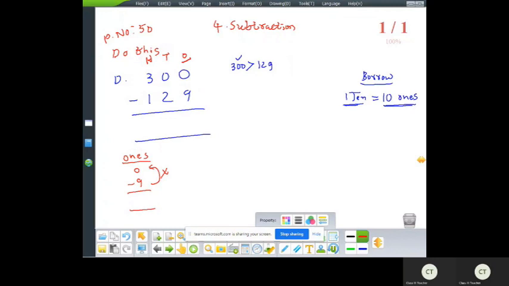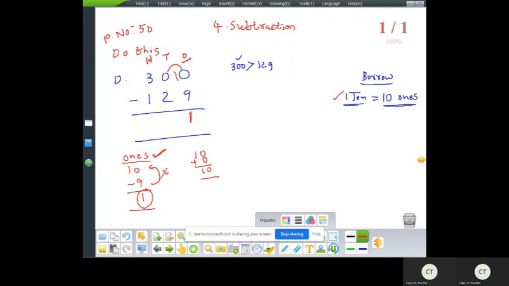Borrow means 1 ten is equal to 10 ones. We borrow from the beside number of 0. Already 0 is there, so 10 plus 0 is 10 only. Now 10 minus 9 is 1. This answer 1 is written under the one place.